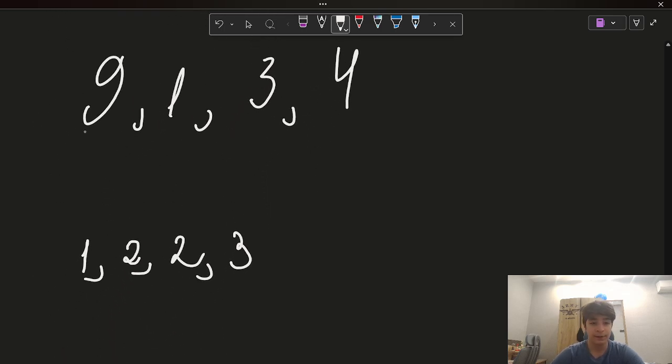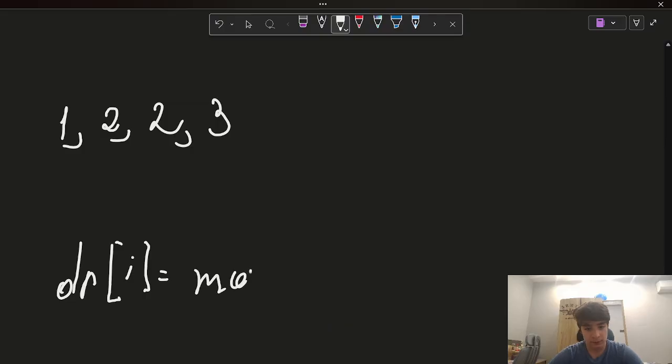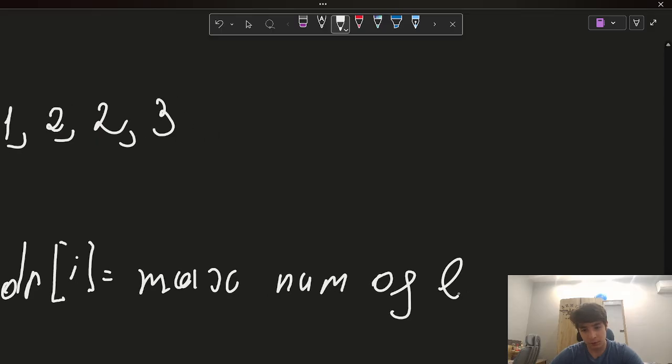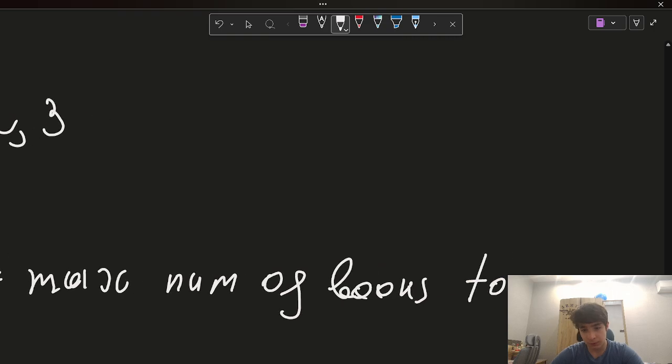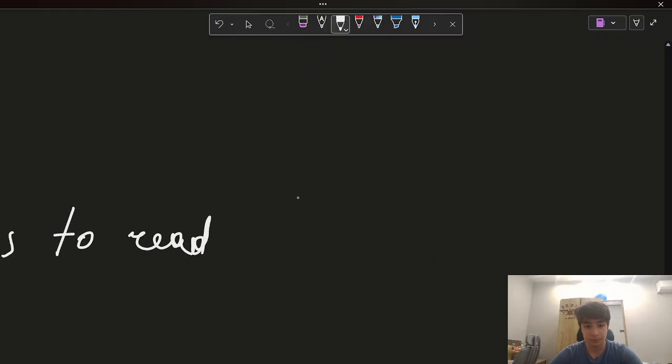Mainly, what's my idea, like for each y's index, make dp[y] equal to the max number of books to read for t minutes.